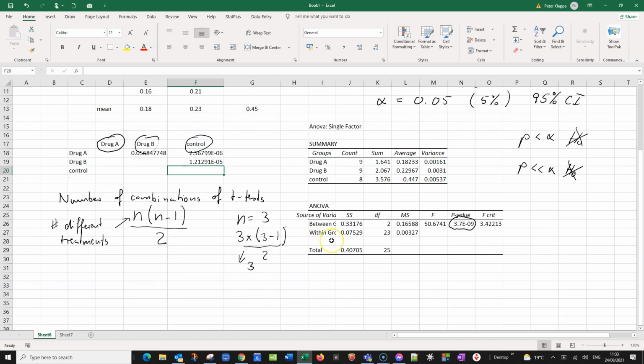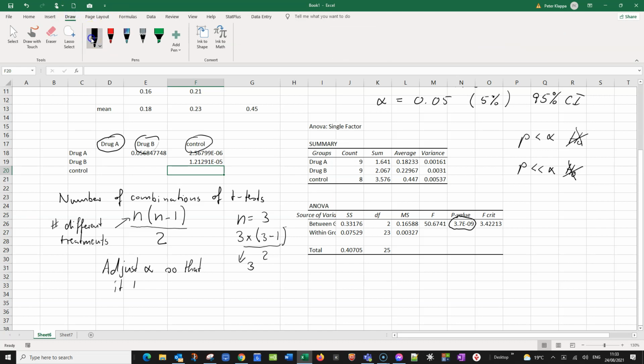And what we are now doing is we adjust our alpha, so that it takes care of the fact that we actually have 3 different t-tests.